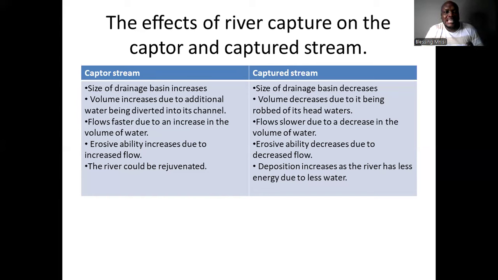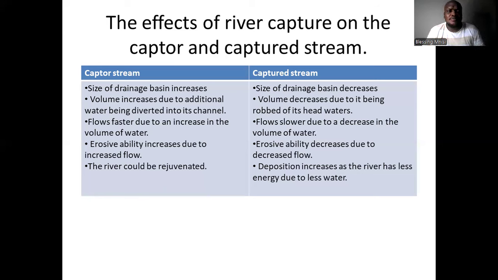The volume increases due to additional water being diverted into its channel. Because now it has more water, the volume of the capture stream will increase because additional water is diverted into its channel.